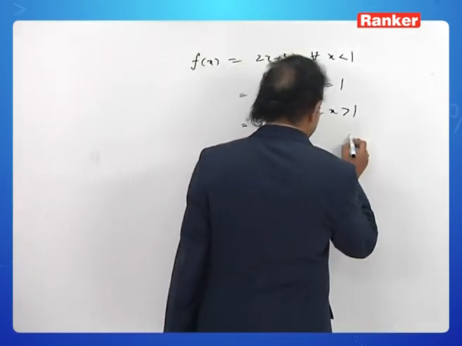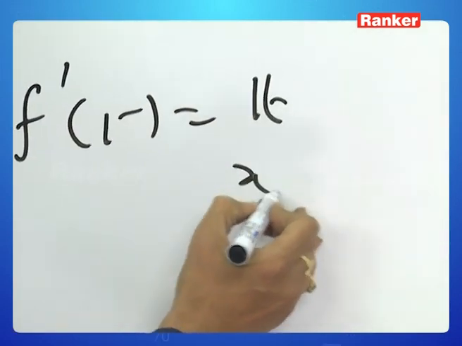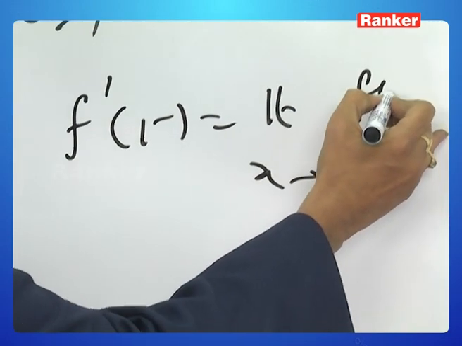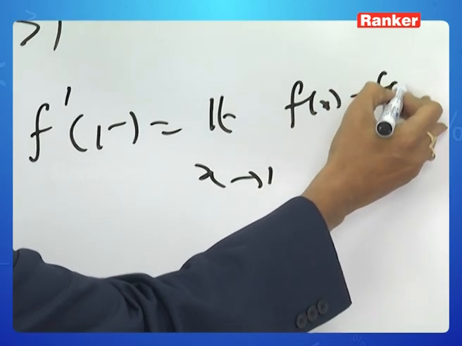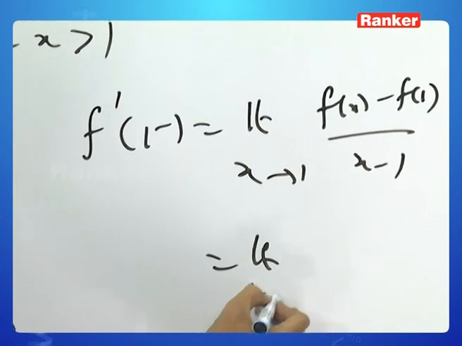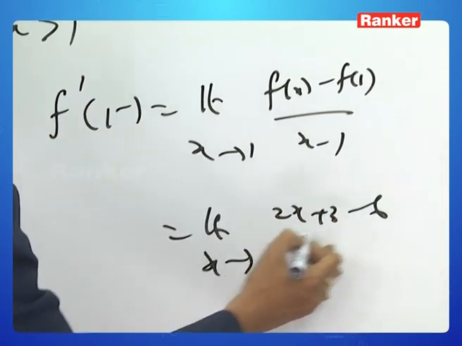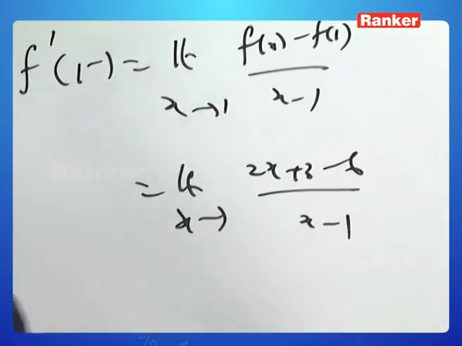F dashed 1 from left is limit as x tends to 1 from left of f of x minus f of 1 by x minus 1. What is f of x? 2x plus 3. F of 1 is 6, by x minus 1.